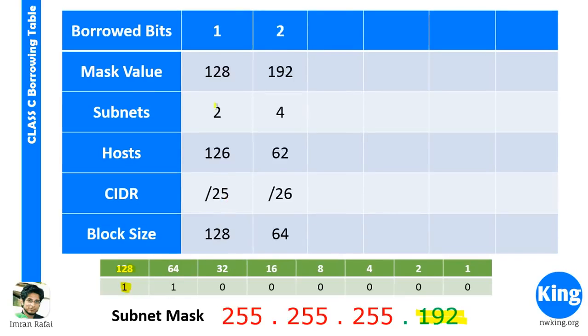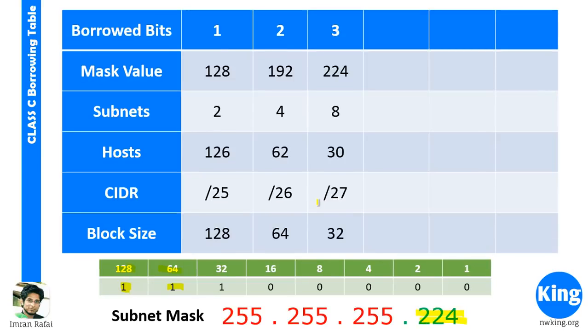When you borrow 2 bits, the mask value becomes 192, that is 128 plus 64. So the mask is 255.255.255.192. It creates 4 subnets, because 2 to the power 2 is 4. The place value is 64, so that's the block size. The number of hosts is 64 minus 2, which is 62. CIDR is /26.